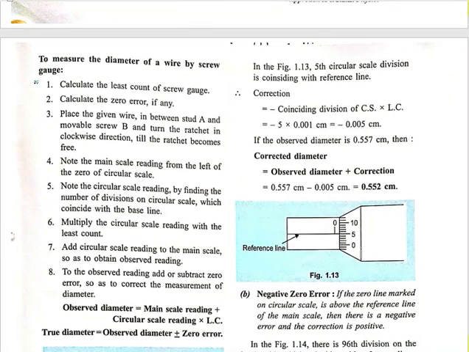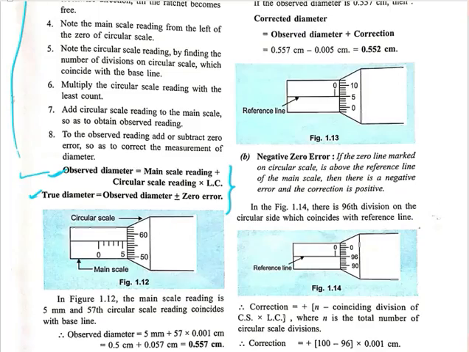There are some experiments or steps given to measure the diameter of the wire, so you read this. There will be two formulas again. The observed diameter is the main scale reading plus the circular scale reading times the least count, and the true diameter is the observed diameter plus or minus the zero error. So you can calculate the observed diameter as well as the true diameter.